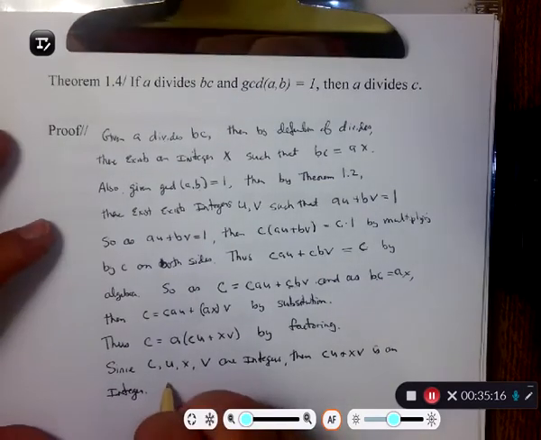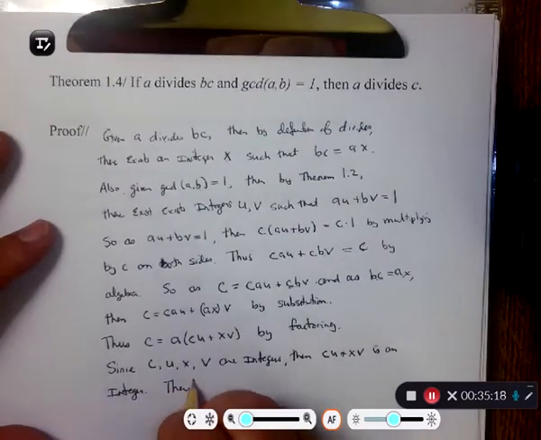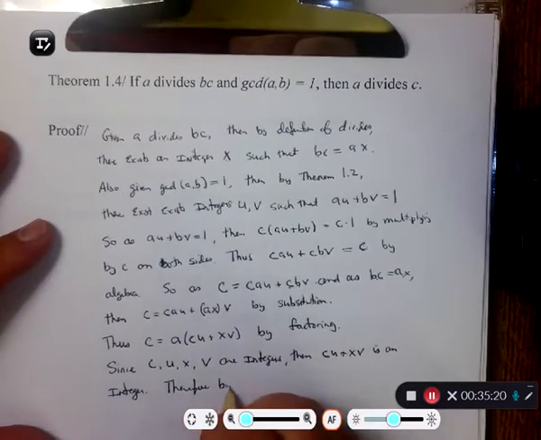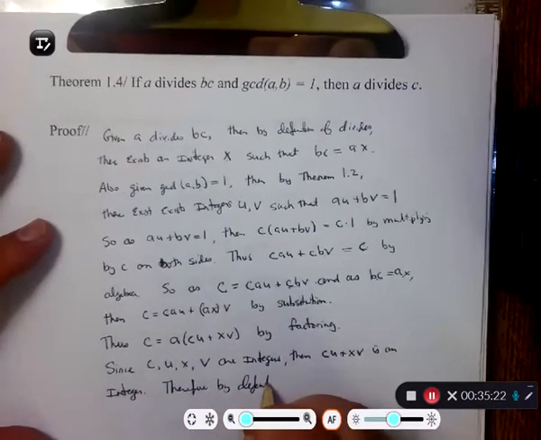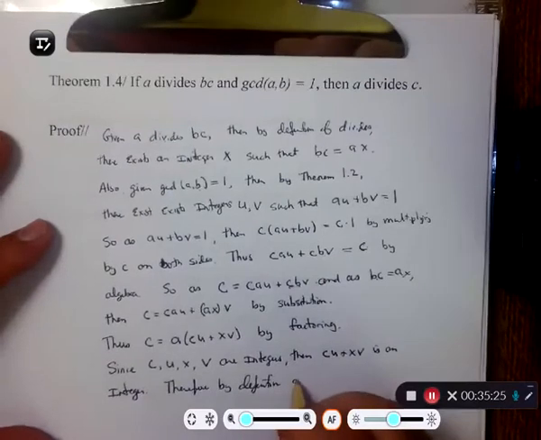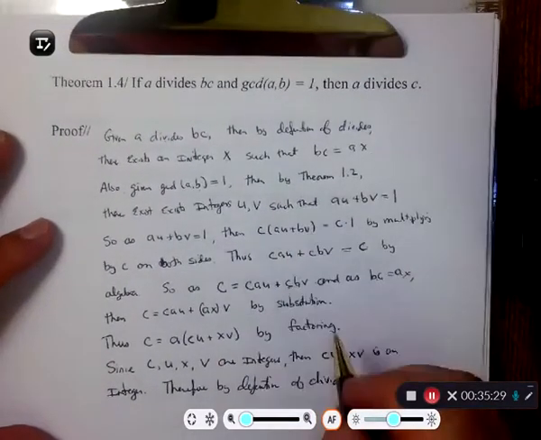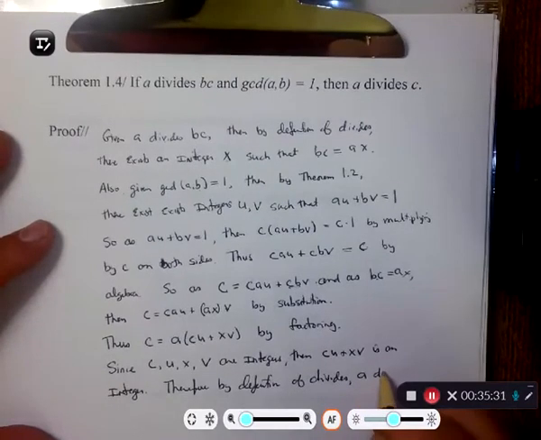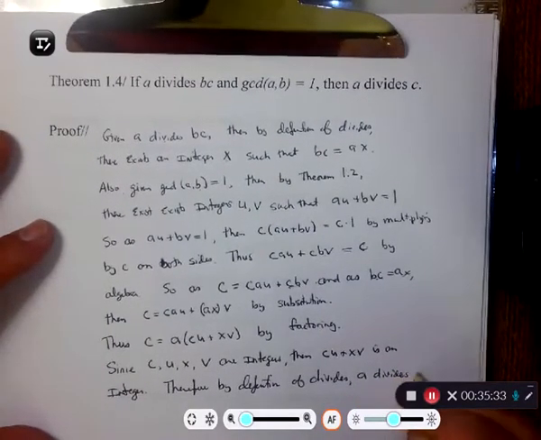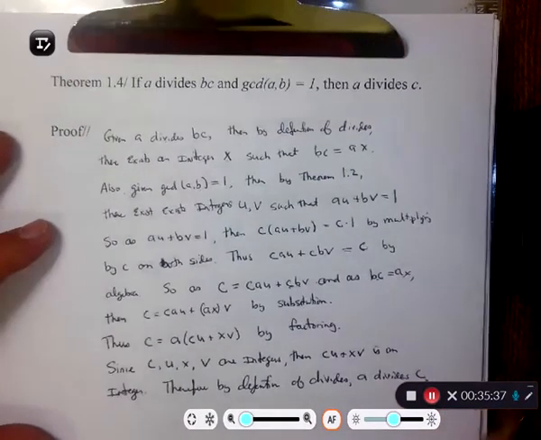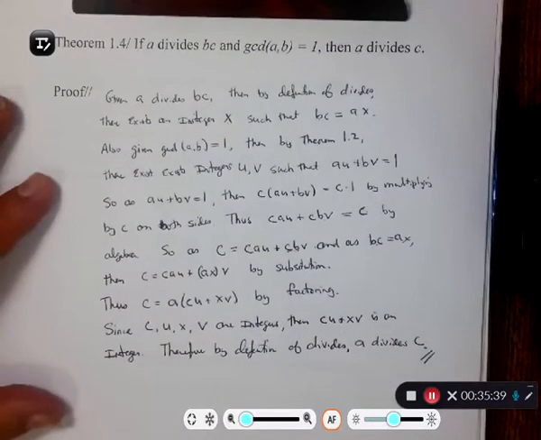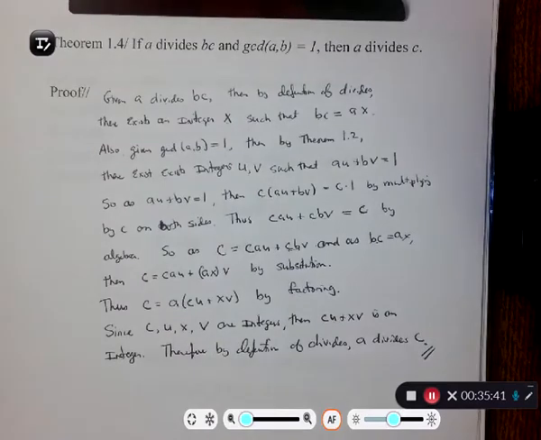Therefore, by definition of divides, and state what you want, A divides C. And when I'm done with the proof, I'll put a little notation right there at the end just to let me know I proved it.